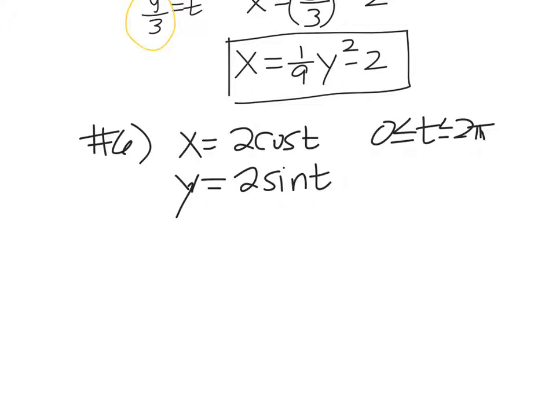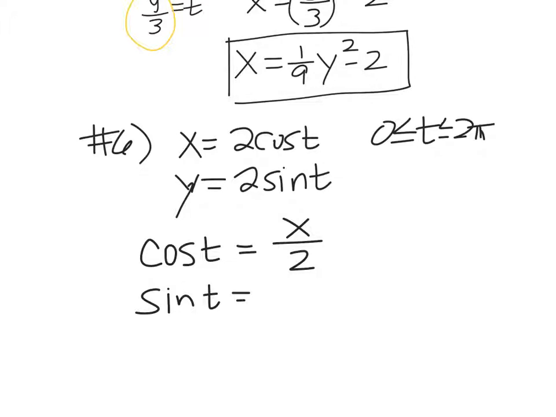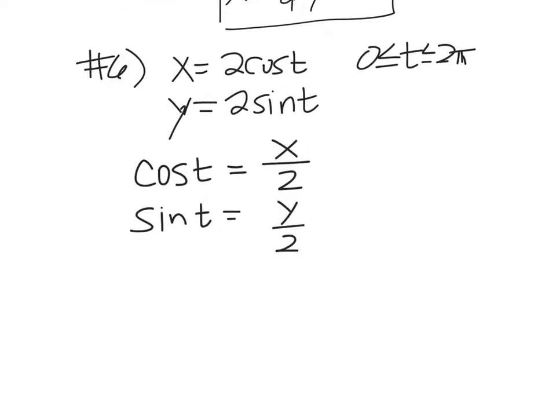So we get that the cosine of t is equal to x over 2, and the sine of t is equal to y over 2. Now, here comes my favorite part. We're going to square each side of both of these equations.